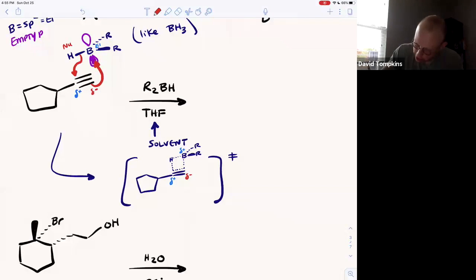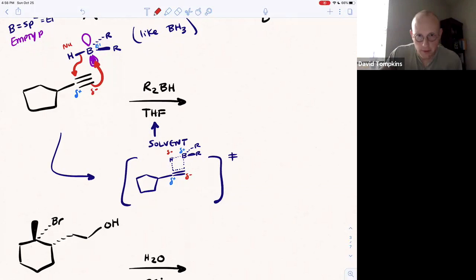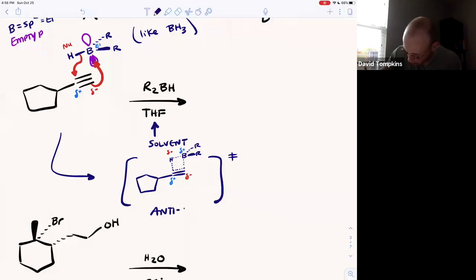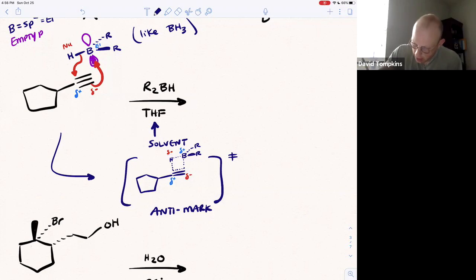But the hydrogen, because it's the nucleophile when it attacks back, it's partial negative. So this is the anti-Markovnikov transition state, where the hydrogen as the nucleophile actually adds to the more substituted carbon. Okay.